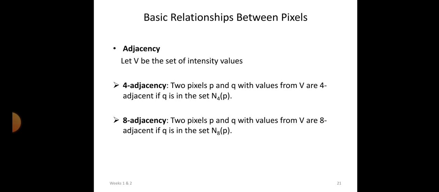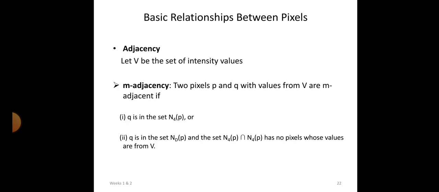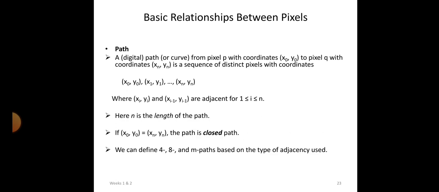Adjacency: let V be the set of intensity values. 4 adjacency means two pixels P and Q with values from V are 4-adjacent if Q is in the set N4 of P. What is meant by 8 adjacency? Two pixels P and Q with values from V are 8-adjacent if Q is in the set N8 of P. That is represented here.